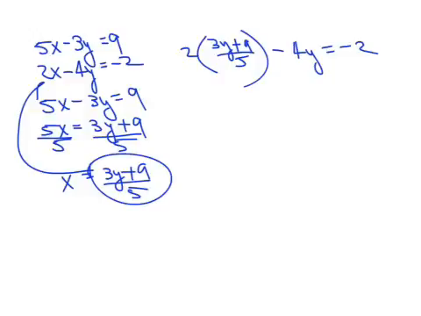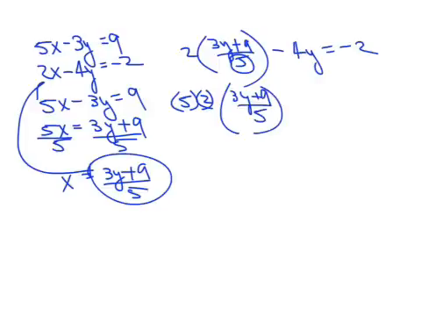Okay, so we can multiply the whole thing by 5 here, and if we do that, that just gets rid of the fraction. So we just multiplied by that denominator there. We have to multiply it by this, and don't forget the other side. So that gets rid of those.